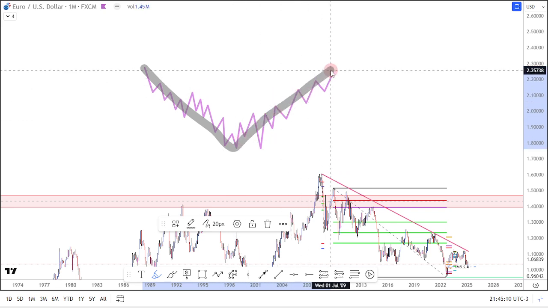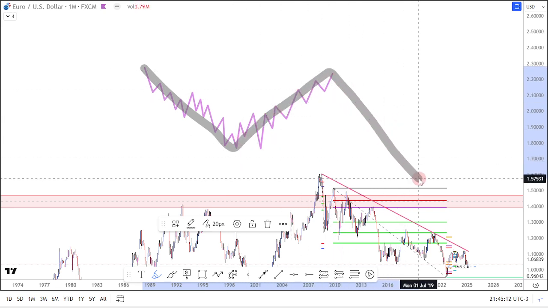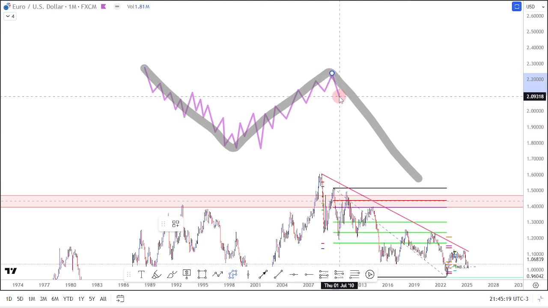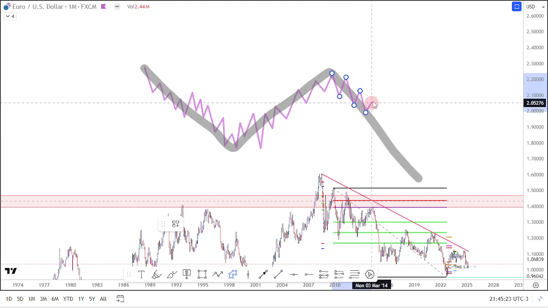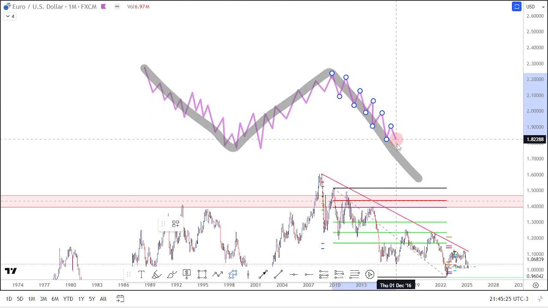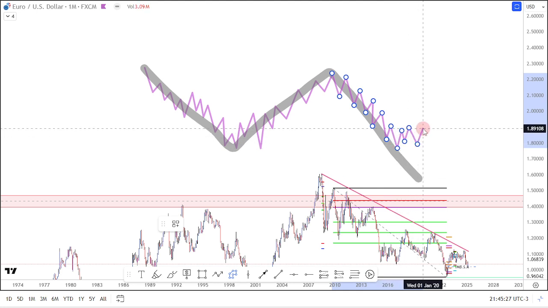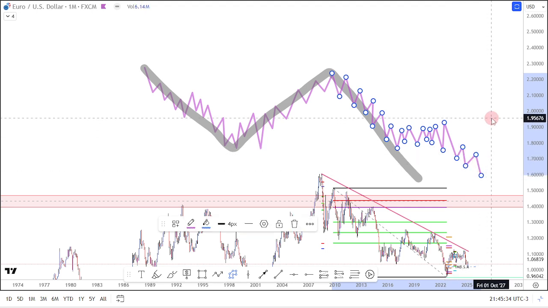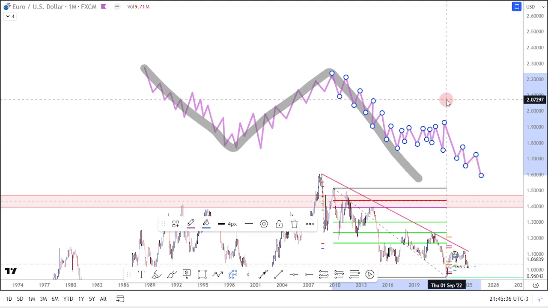Before the next leg of extension, we're going to see lower lows like this. It's going to break this low, and we're going to see the market start going down, and it might even consolidate for some time. Then finally it will start going down one more time.